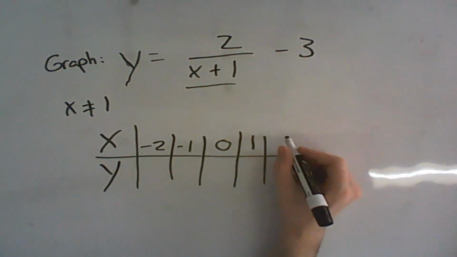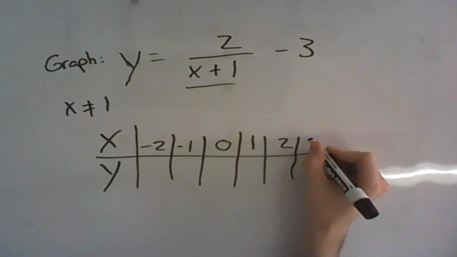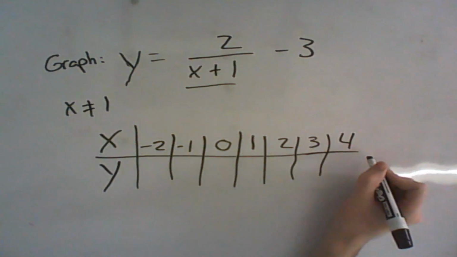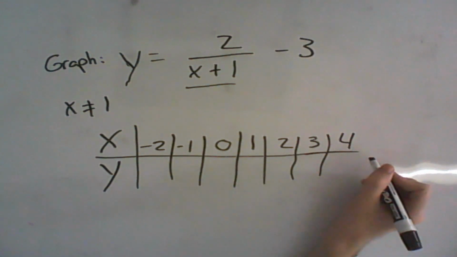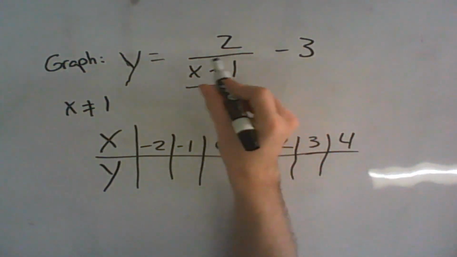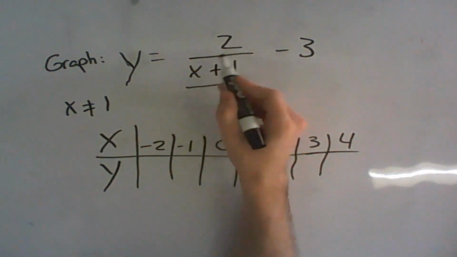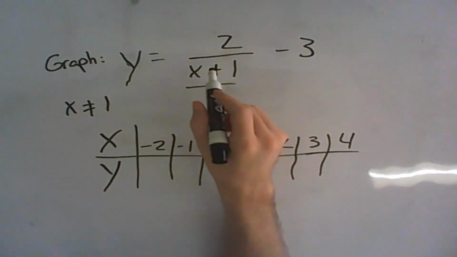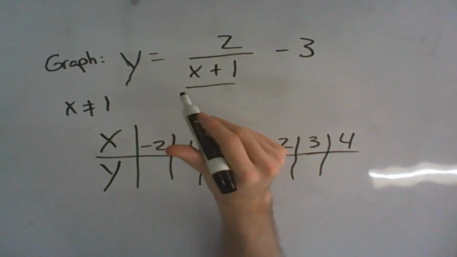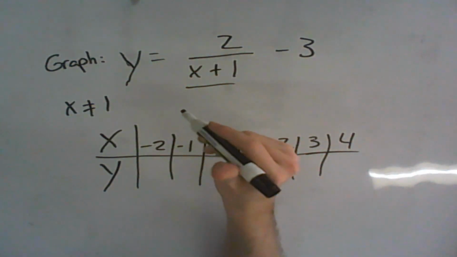And over here we do 2, 3, and 4. Now I want to tell you something we're going to notice. There's some information in here that, if we look at it, the table will just minorly help us.